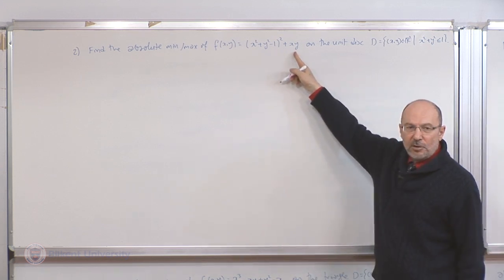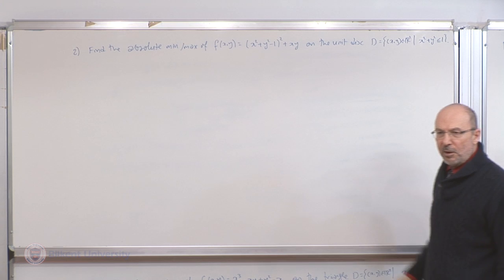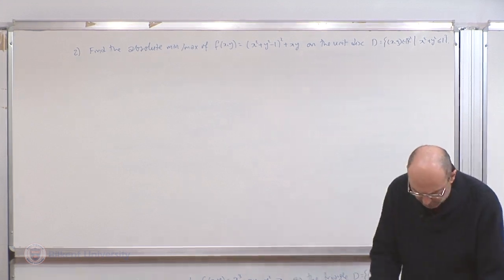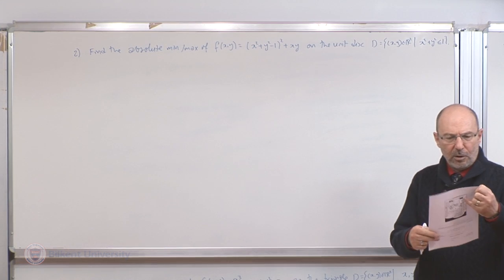On the boundary, this is just xy. We'll try to find the minima and maxima of xy. It's going to be easy. And then we'll have 4 or 5 points. We'll evaluate the function at those 4 or 5 points and decide which one is smallest, which one is largest. Okay, so I did some of the calculations here, if I can find my notes.